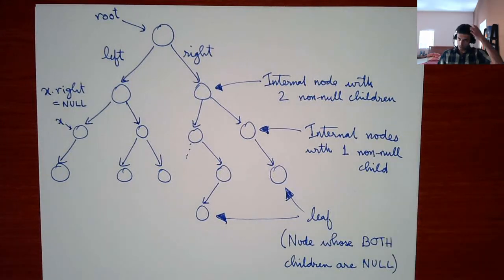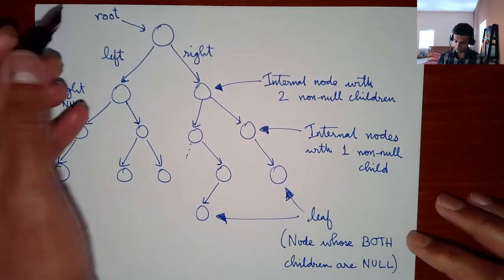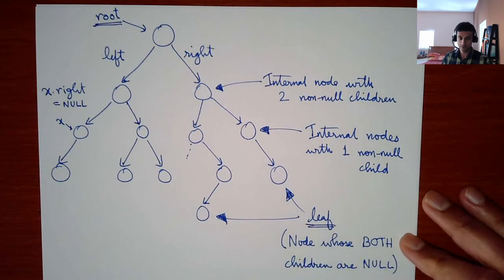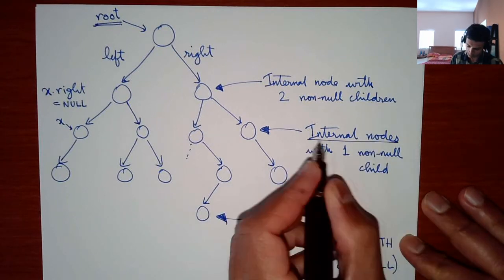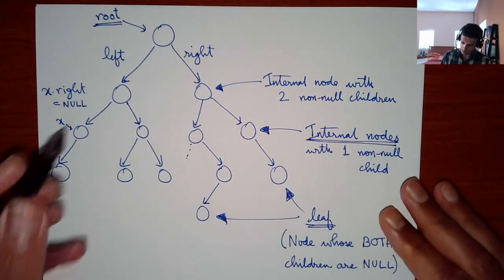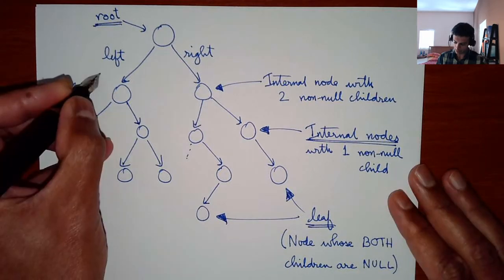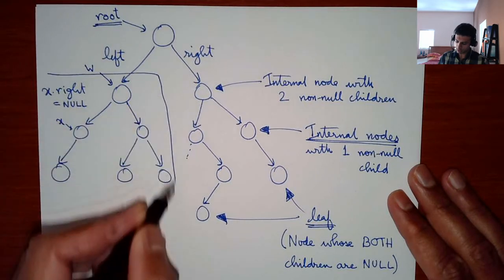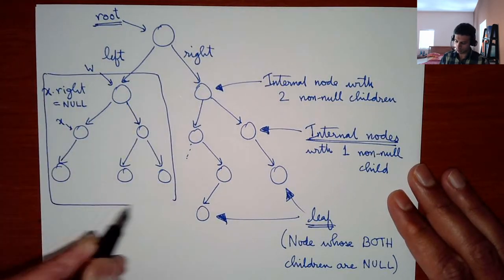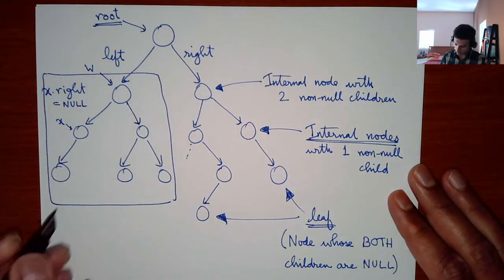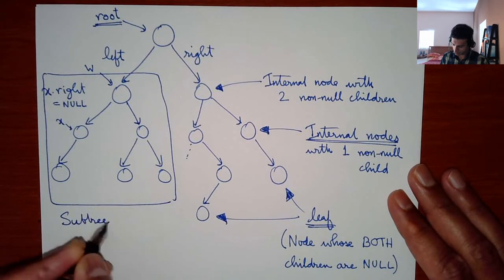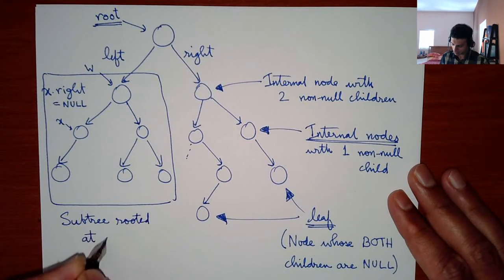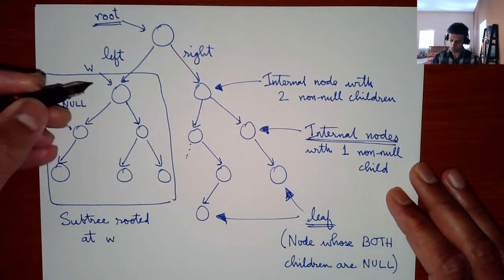Okay, so good. So we have the terminology, the root, a leaf, internal node, and there's furthermore one more thing that I want to talk about. So let's say this is W. You could look at everything below W, and this is referred to as the subtree rooted at W. So W is a pointer to this node.